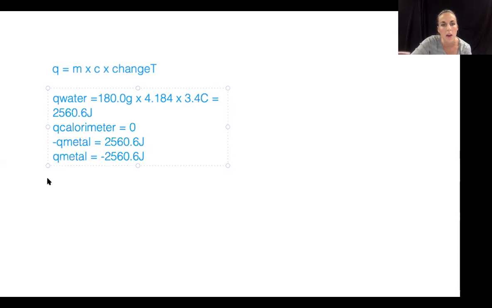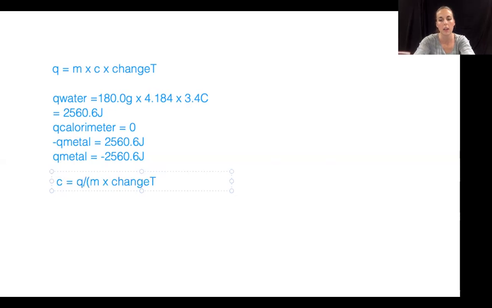Okay, so now I need to rearrange my equation up here to solve for C. So I'm going to divide this by mass and change in temperature to get C by itself. And then I'm just going to plug in my values.